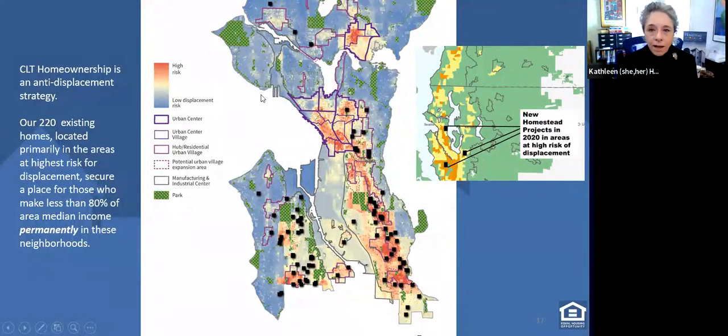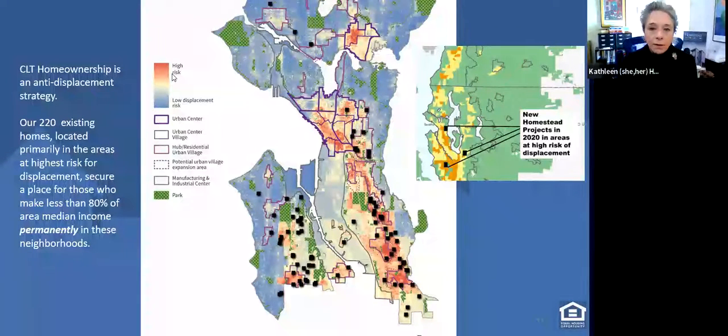And you'll notice that they are primarily in those areas that are marked red, and the red areas are where displacement is projected to occur. So we're really happy that we have a beachhead in those neighborhoods that are gentrifying, and we want to do more of that, making sure that folks have a chance to remain in their communities as the communities revitalize.